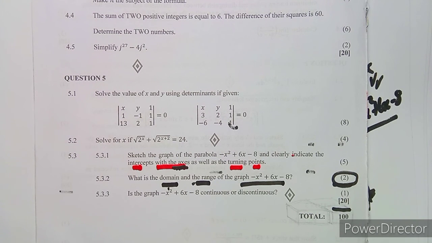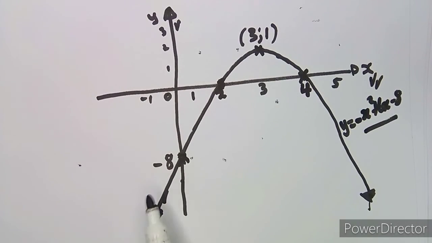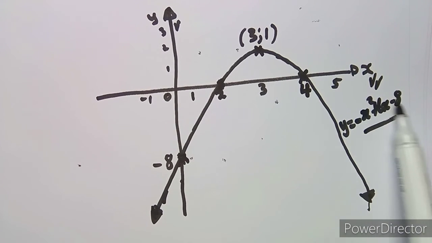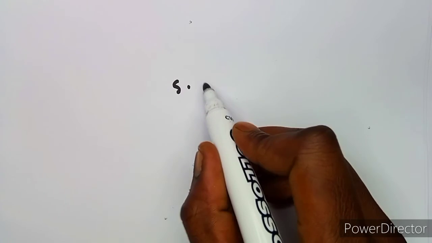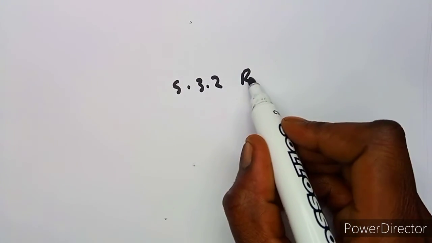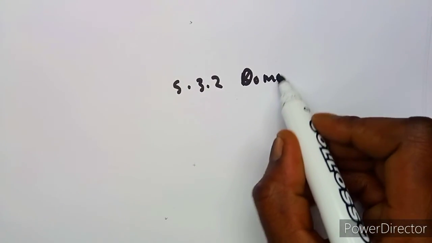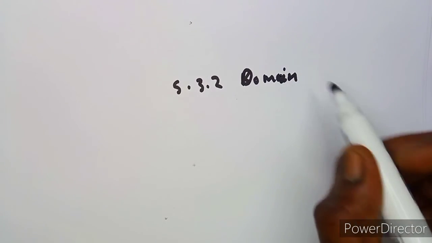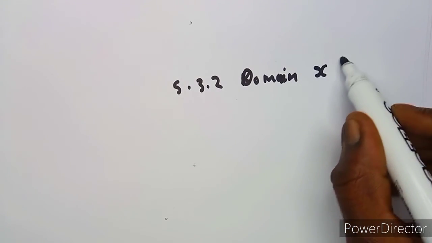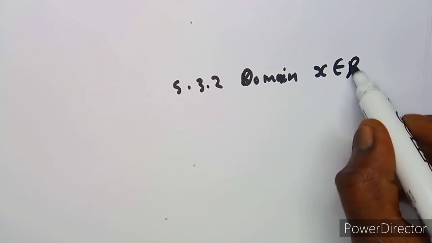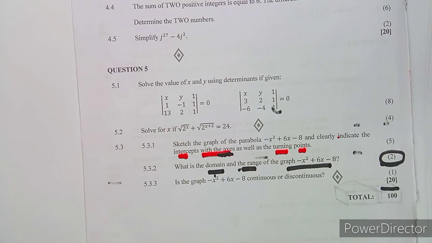In this case, our x is not limited, because as you can see, this graph is still going on this side and also this side, so x is not limited anyhow. So x is just going to be an element of all the real numbers.